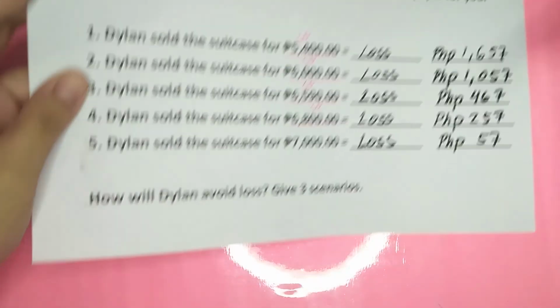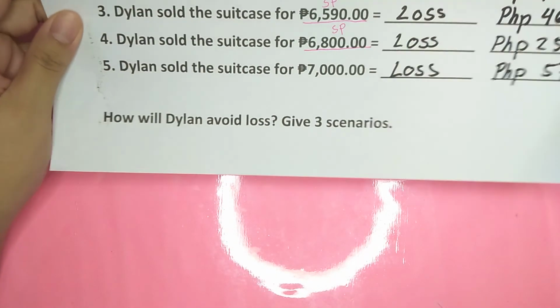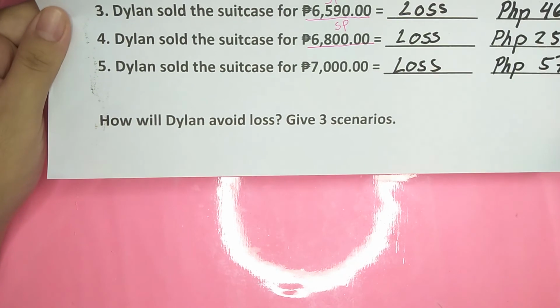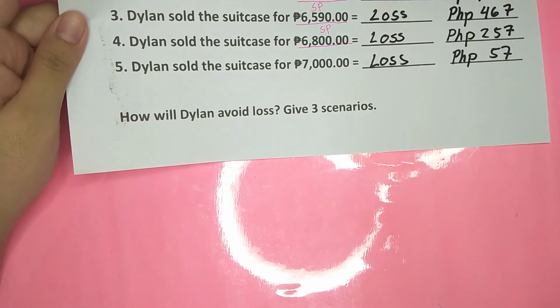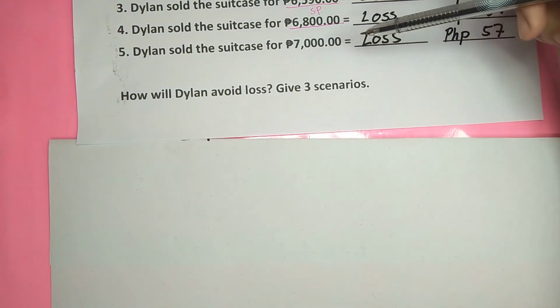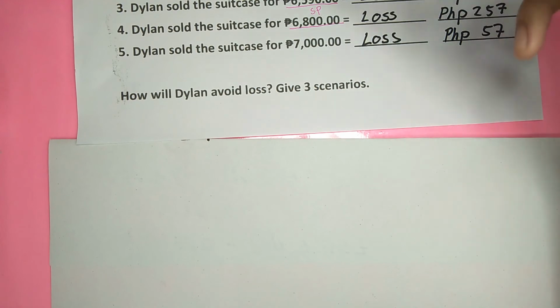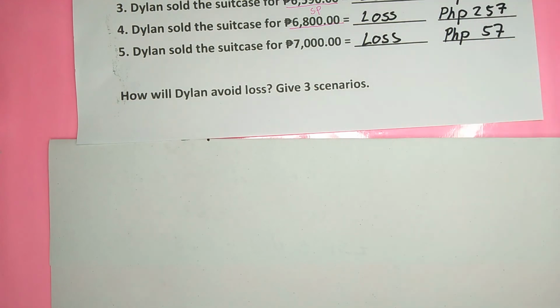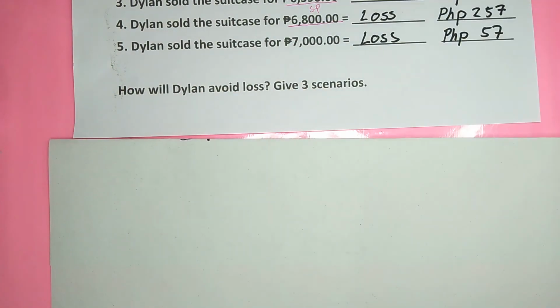Yun naman, ang tanong, how will Dylan avoid loss? Give 3 scenarios. So, napansin natin na mas mababa ang selling price kesa sa cost tsaka sa mga expenses. So, ang dapat gawin dyan ay selling price should be higher than costs and expenses. So, kailangan mas mataas yung ating selling price.